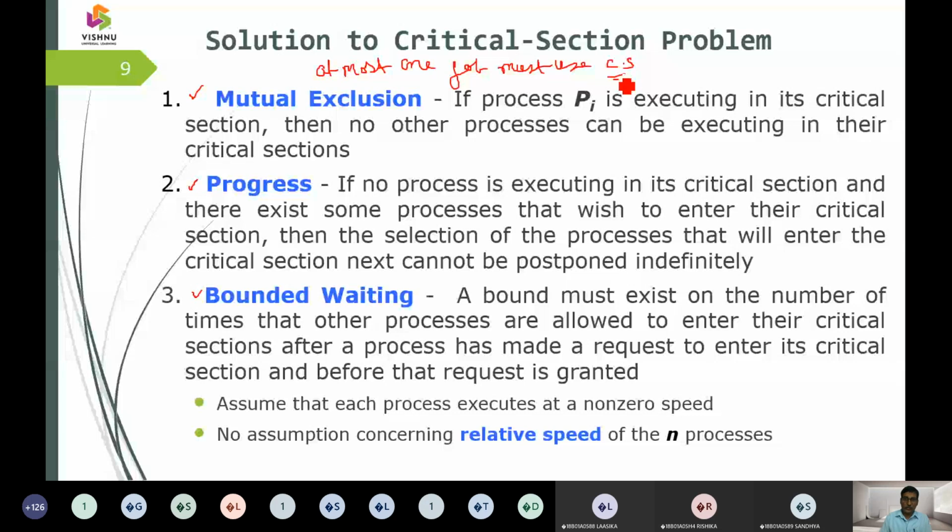The second one we are going to call progress. When we say progress, think of a scroll bar that appears when we copy a file from one location to another. It says 25% is over, 50% is over, 75% is over, 100% is over.